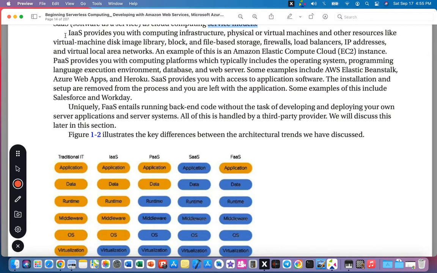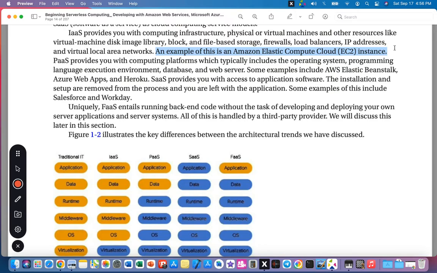Infrastructure as a service provides you with the computing infrastructure, physical or virtual machines, and other resources like a disk image library, block and file-based storage, firewalls, load balancers, IP addresses, virtual local area networks, etc. An example of this is Amazon Elastic Compute Cloud instances, called EC2.